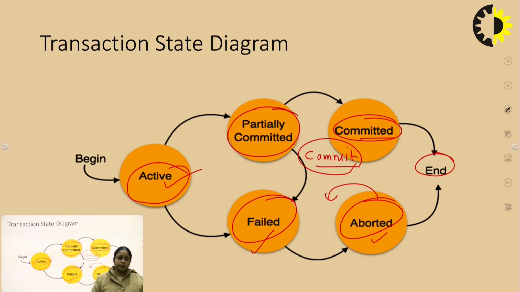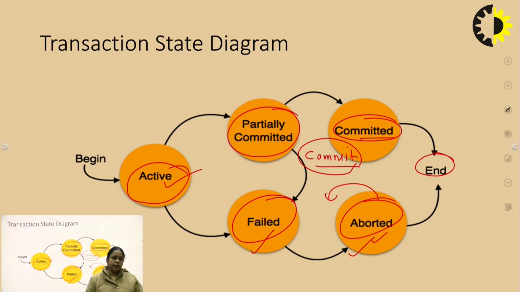We cannot accept 10%, 20% or 30% completed transactions. If the transaction failed at 50% completion, then we have to roll back the transaction. And when the transaction is rolled back, this state is known as an aborted state.